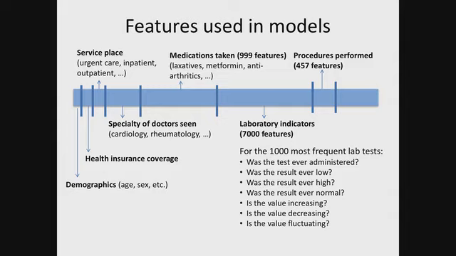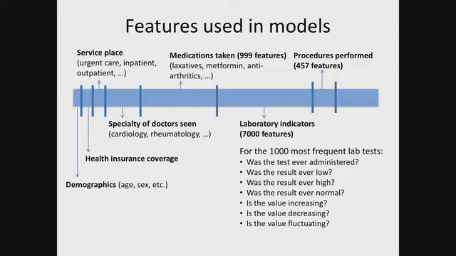For the medications, for the top 1,000 most common medications, we look to see, has the patient ever taken this medication, yes or no? Again, 0 or 1 in the corresponding dimension. For laboratory tests, that's where we do something a little bit different. We look to see, first of all, was the laboratory test ever administered? And then we say, OK, if it was administered, was the result ever low, out of bounds on the lower side?